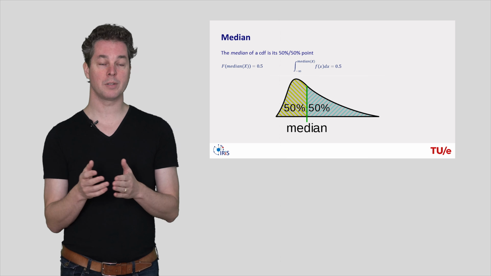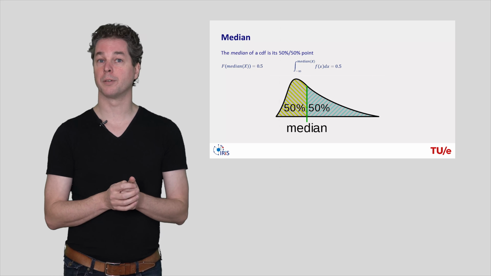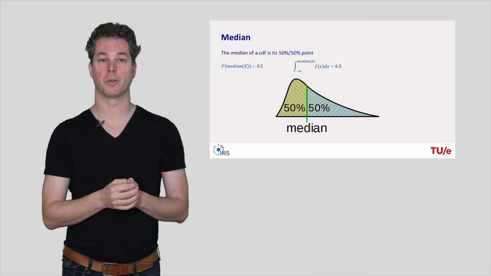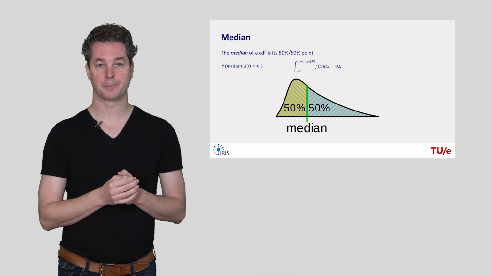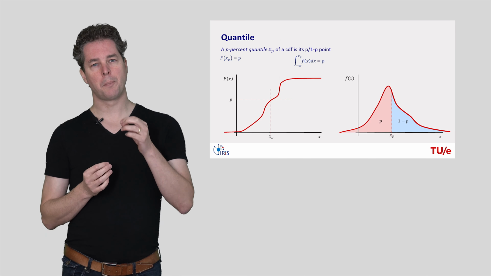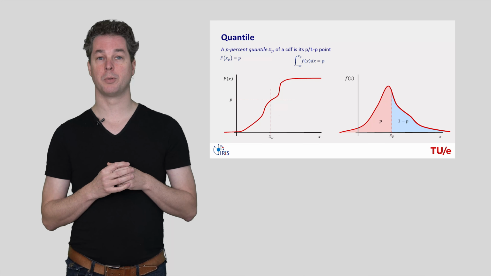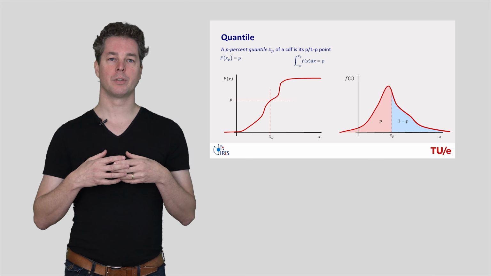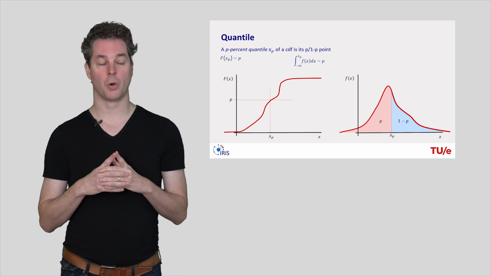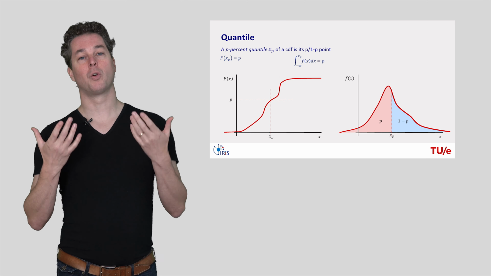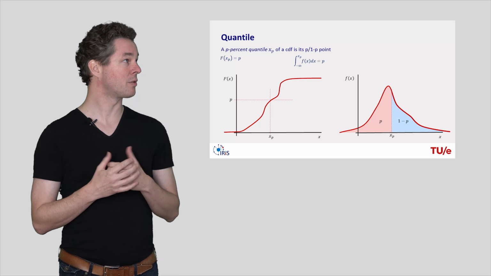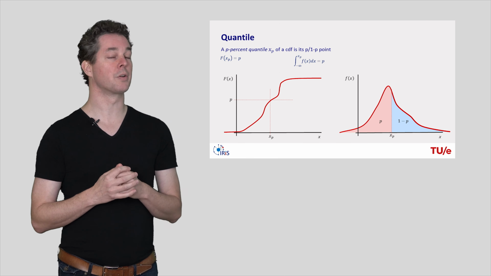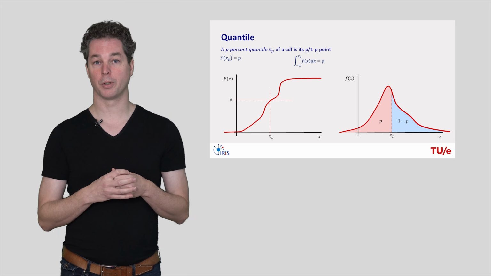That 50-50 point you can define using the cumulative distribution function as the point where the cumulative distribution function reaches 0.5. By the way, the point where a cumulative distribution function attains a certain probability is called the quantile of that probability. So the 20% quantile of this distribution function is the point where the distribution function achieves 0.2.